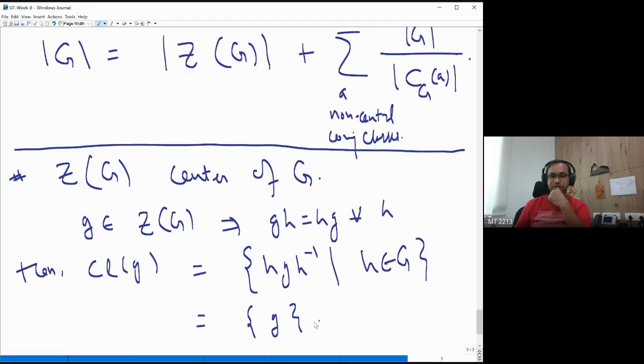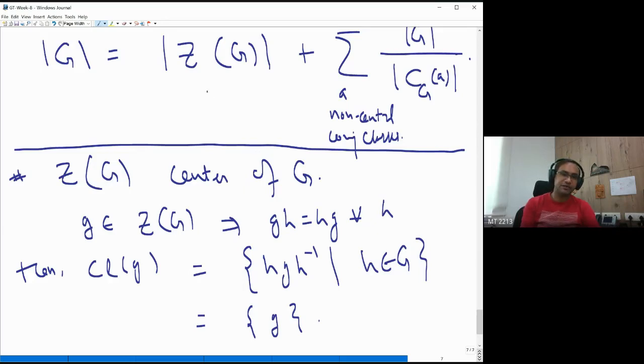I hope it's clear now. Just compute by definition. Nothing new we have done. So what is the meaning of center? An element in the center commutes with every other element of G, right? So when I try to compute the conjugacy class of that element, it can't have any non-trivial conjugate because it commutes with everything. It has just itself.